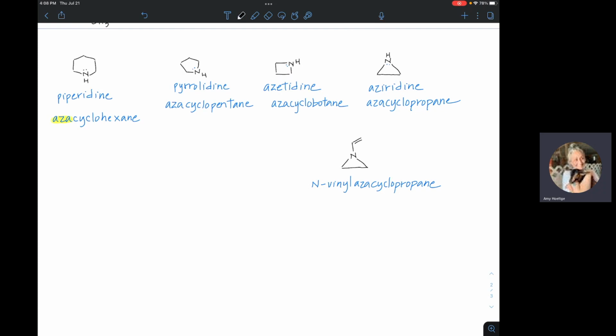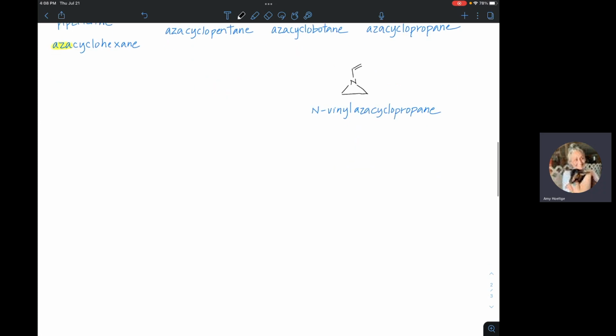What about our aromatic amines? So aromatic amines are going to be named after the aniline, or some of them are so common that we just have common names for them.